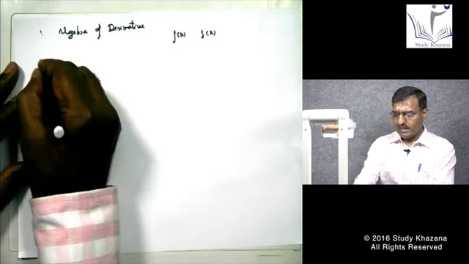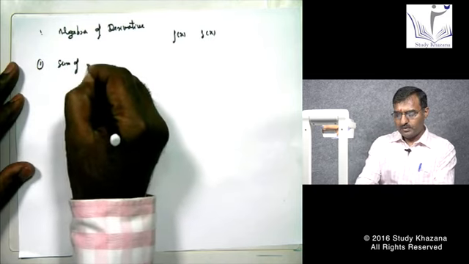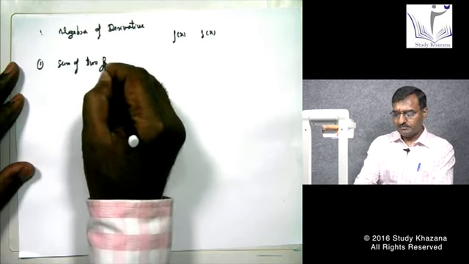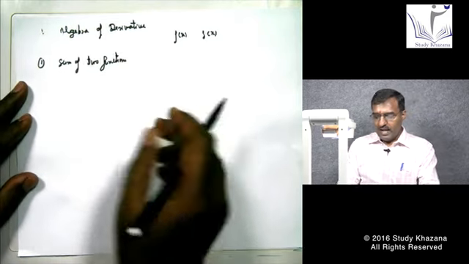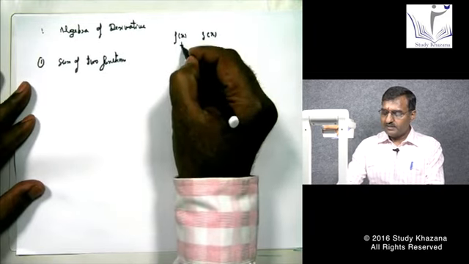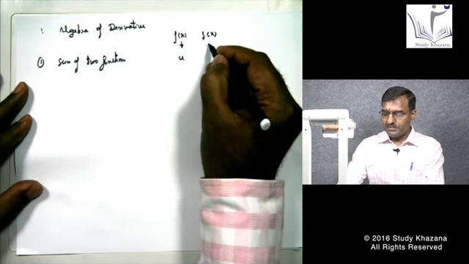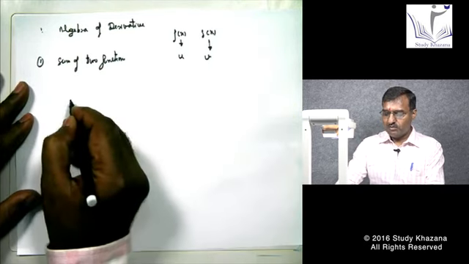First I will start with the sum of two functions. I have to find the derivative of the sum of two functions. Here instead of f x I can write u, and instead of g x I can write v.